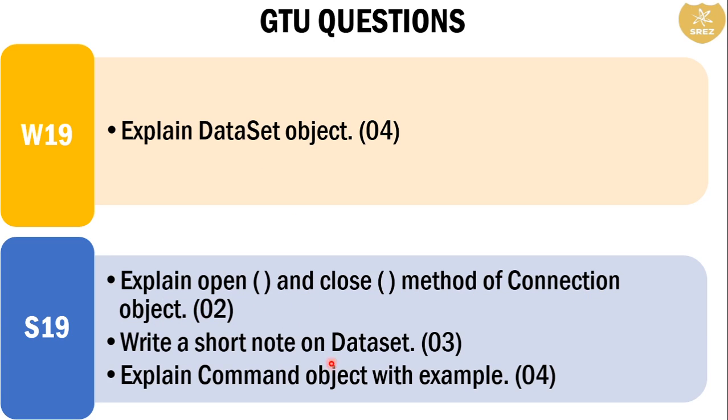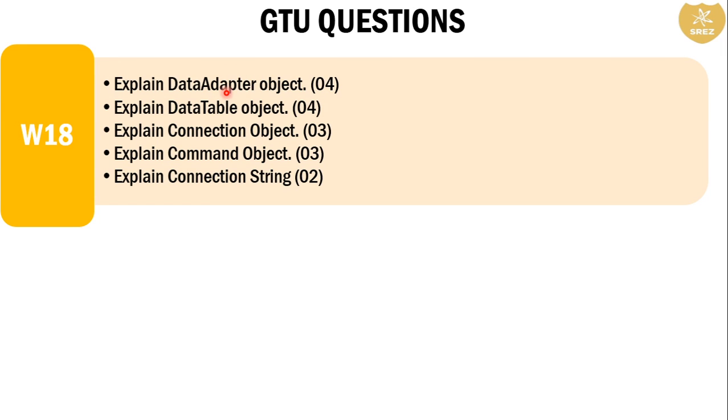They asked again about data set object in 3 marks in summer 19. They asked about the command object with example in 4 marks. In winter 2018, they asked almost each of them: data adapter, table, connection, command, and connection string also in 2 marks. So 3 or 4 marks are fixed for each of these objects.